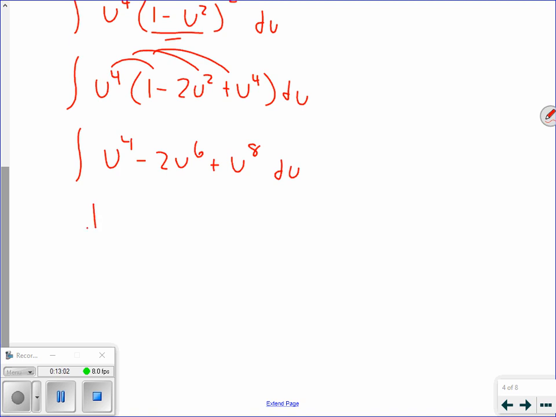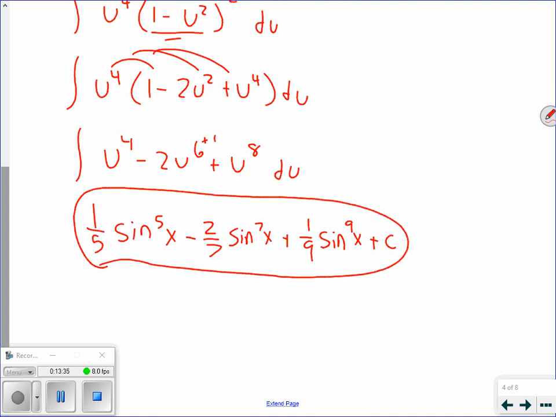So that's 1/5 u to the fifth, and I'm going to go ahead and write in what u was. U was sine, so I'm going to say 1/5 sine to the fifth, minus, 6 plus 1 is 7, so that's 2/7 u to the seventh, or sine to the seventh, plus 1/9 u to the ninth, but instead of u, I'm going to say sine to the ninth of x, plus c.